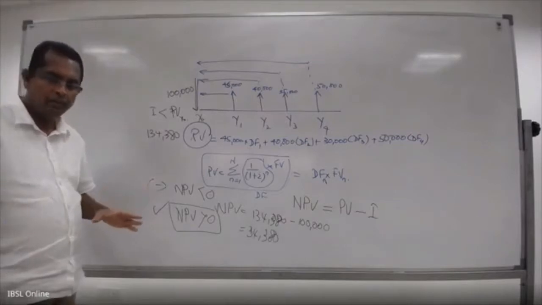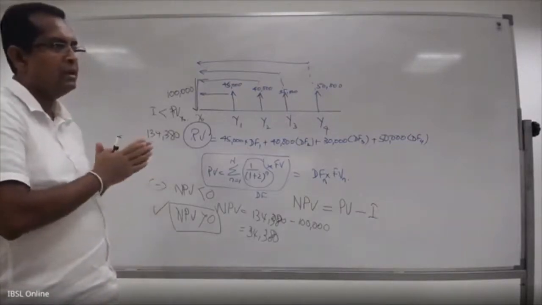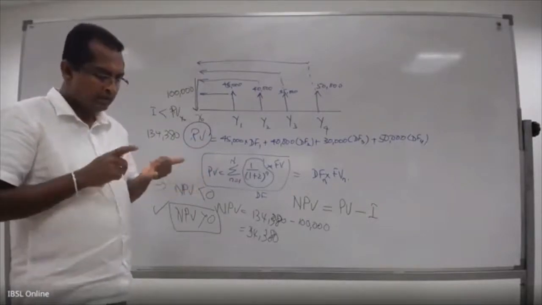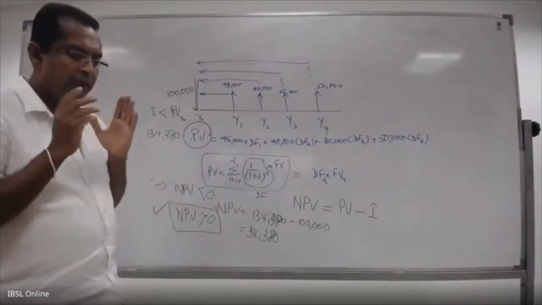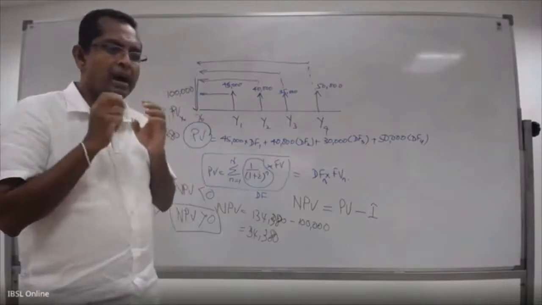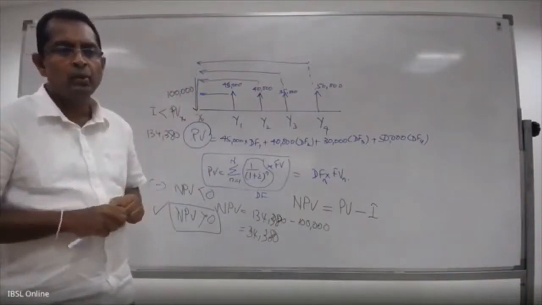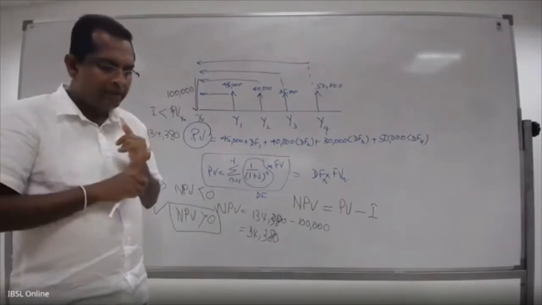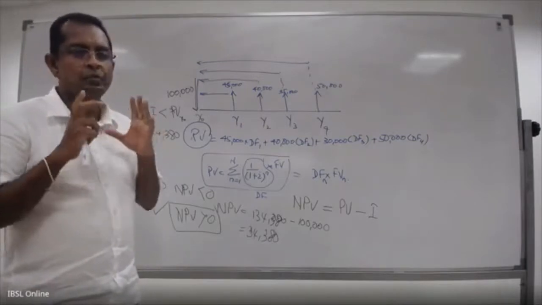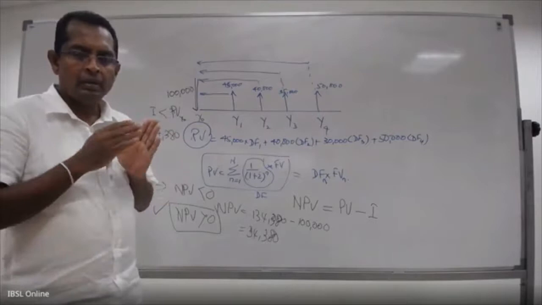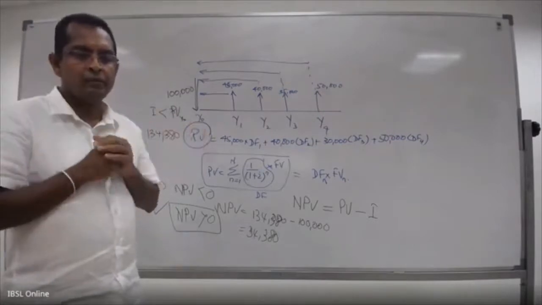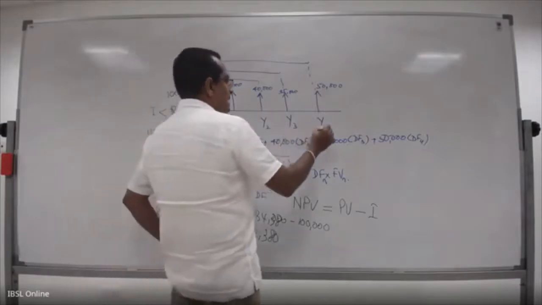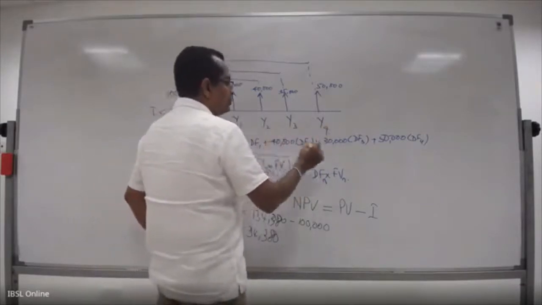When we are comparing 2-3 projects, the project which has the highest net present value, we take it as the best project. But project size has to be similar. Project lives have to be similar. If the first project has a 4-year life, the second project also should have 4 years.